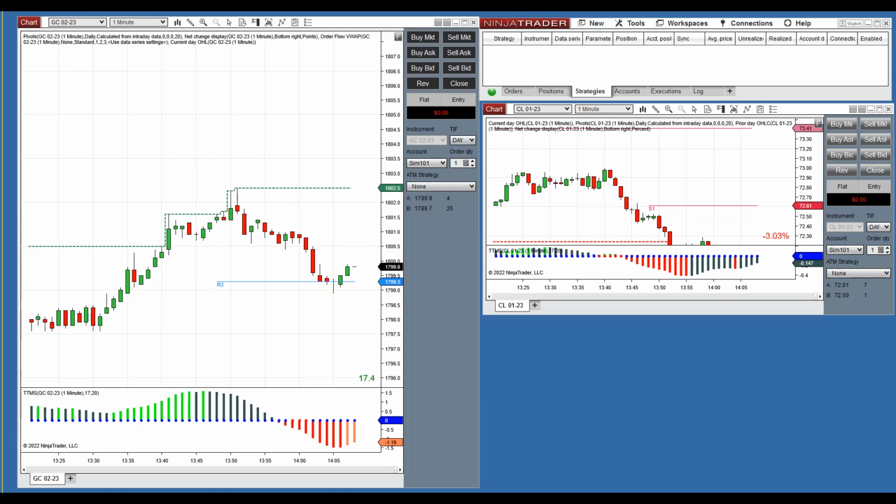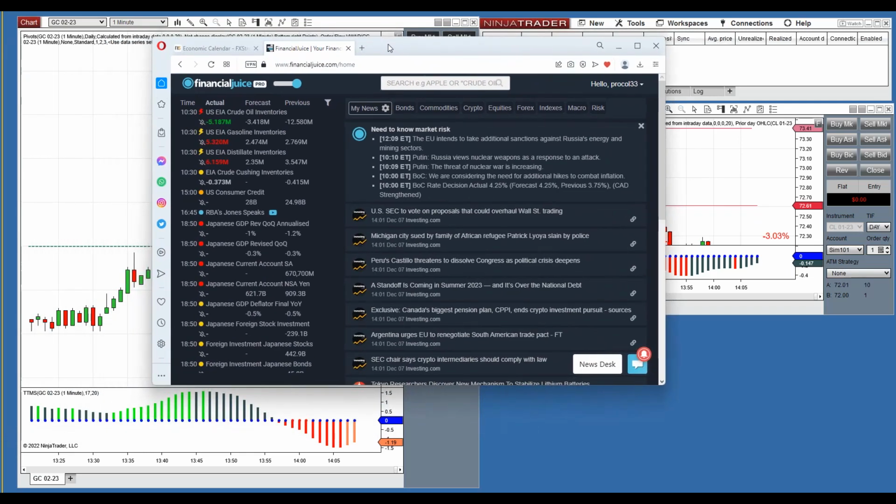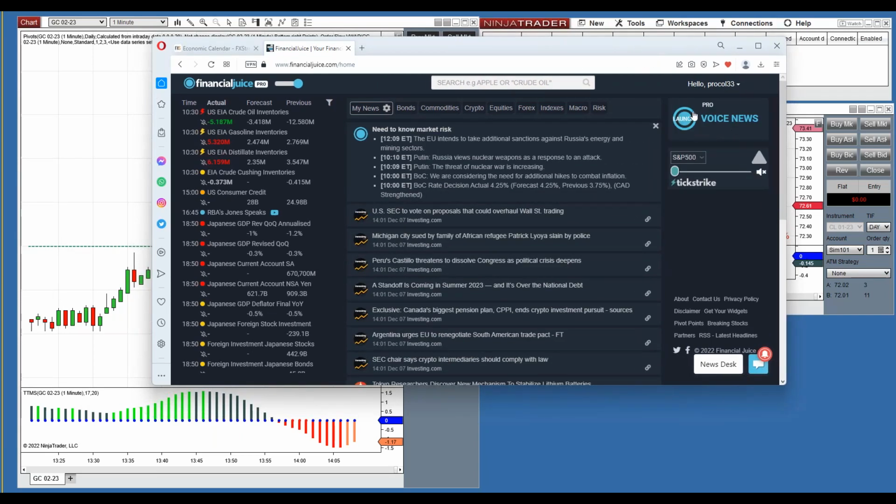I'm not in favor of overbuying a million indicators, a million educators, a million robots. Pick a couple. Stick with a couple that work, okay? Financialjuice.com, the pro version, if your chart is spread enough, they have the Squawk Box right here. To me, their Squawk Box is worth the $42 a month that you pay for this product. It's phenomenal. It's so worth it.